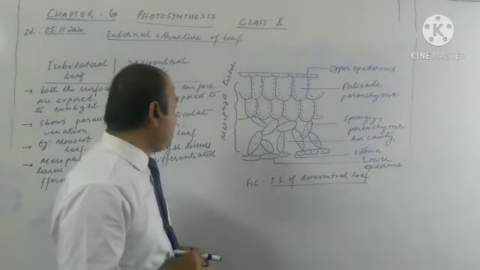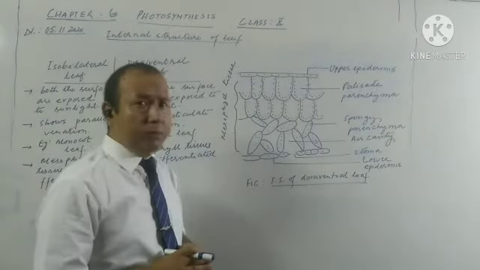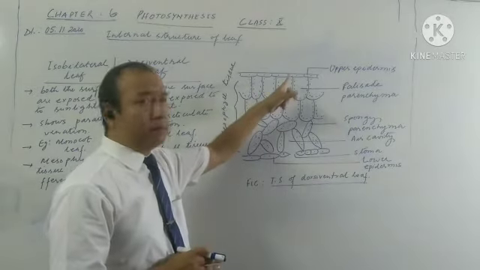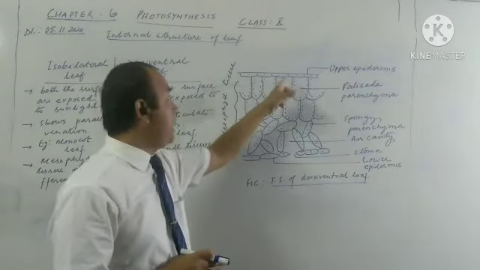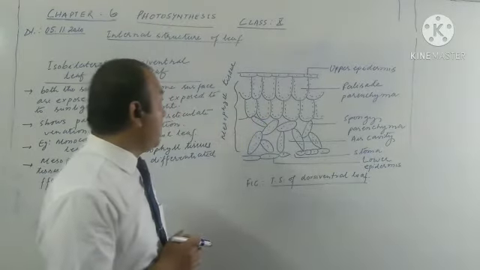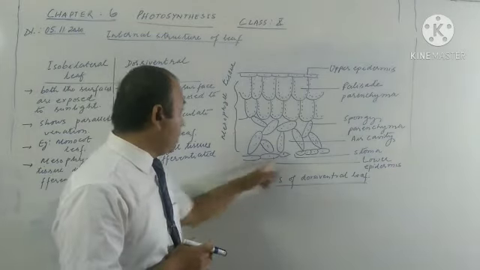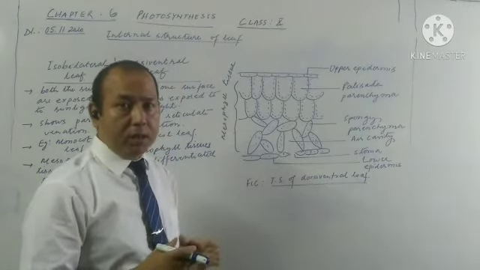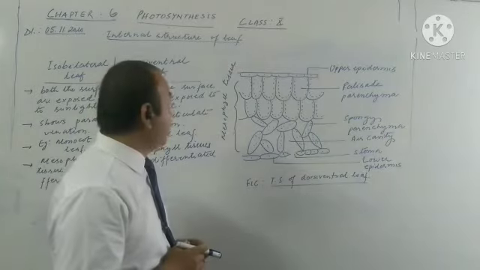Now see, the internal structure of leaf shows how many different structures. See, the upper single layer, which is compactly packed without any intercellular spaces, is called upper epidermis. And then the lower epidermis. Epidermis means it is the single layer which covers the outer parts of the leaf.